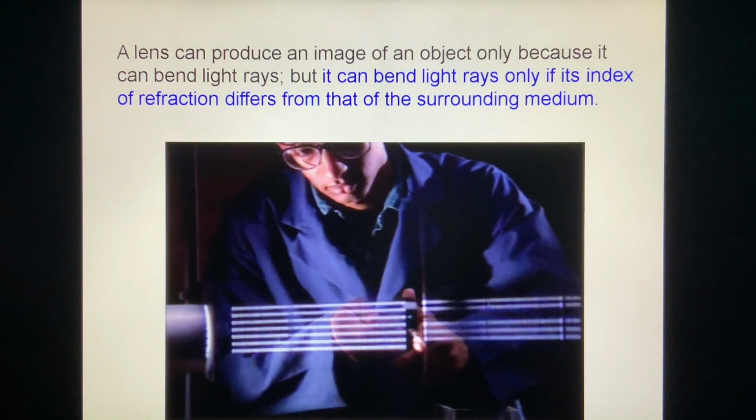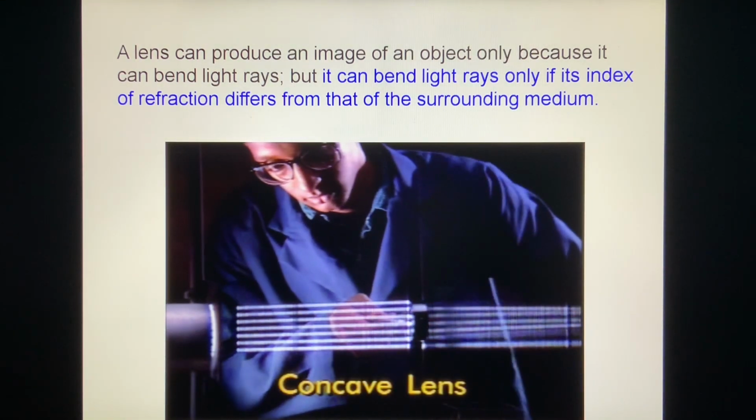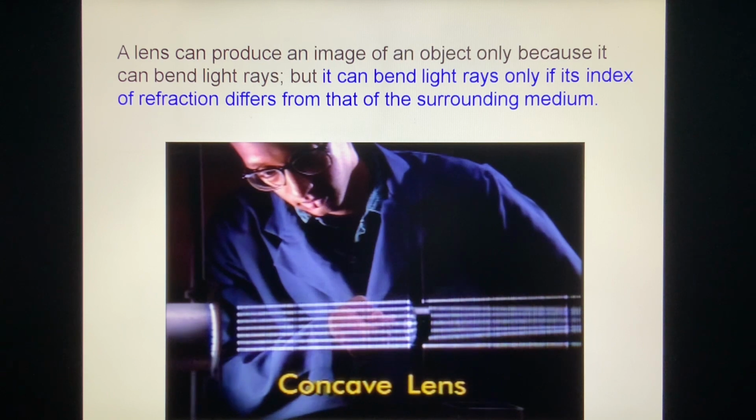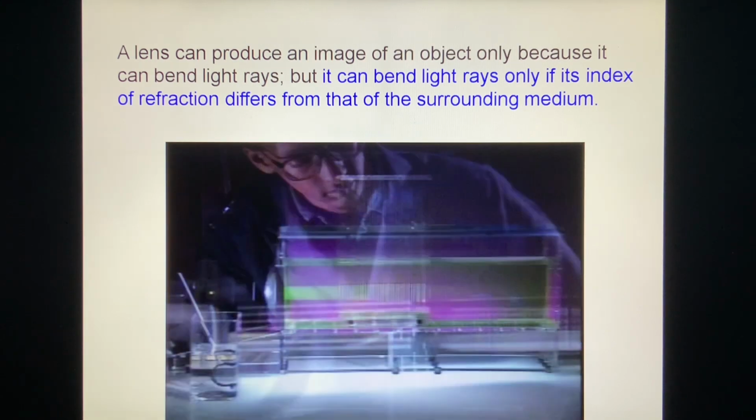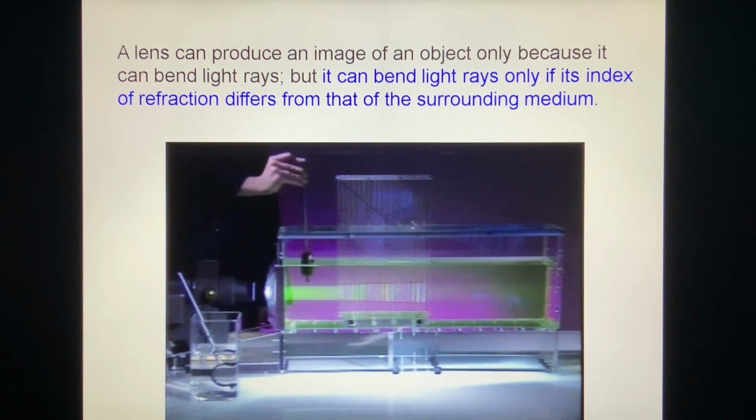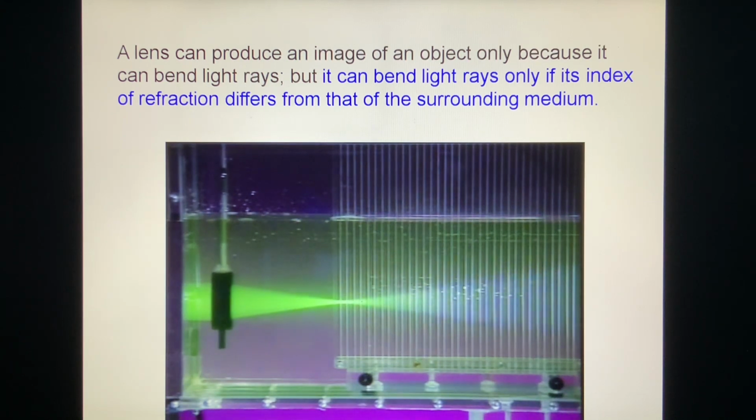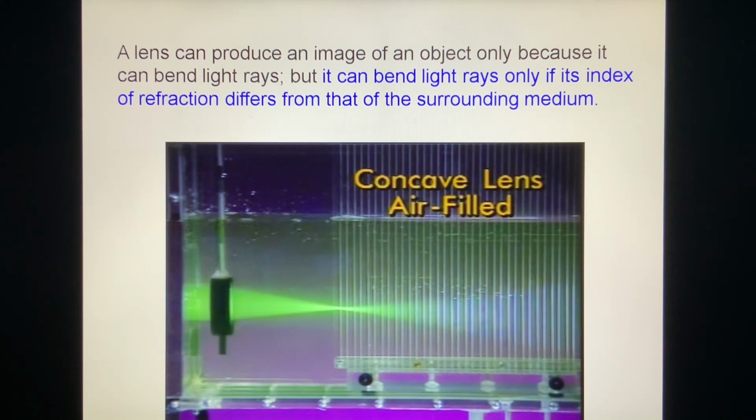If we place this hollow concave lens in a beam of light, the light is only slightly affected. If we insert the lens into a beam which is passing through this tank of water, the air-filled concave lens now brings the beam to a focus at a point close to the lens.